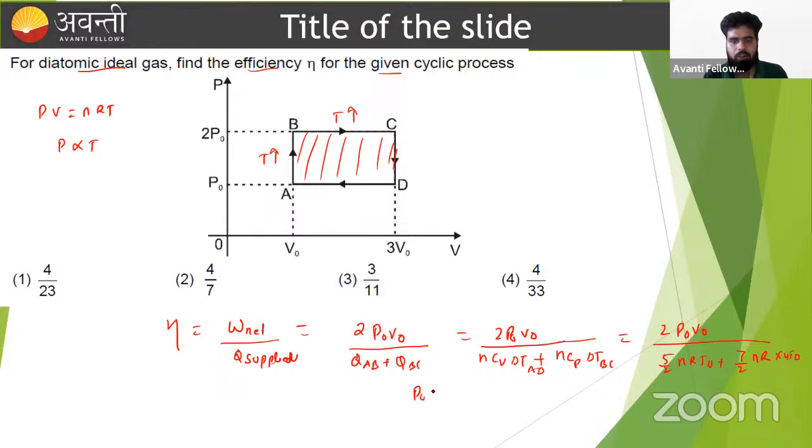Again, we know that P naught V naught equals nR T naught. Put this value here, and we will get the required answer: 2 P naught V naught divided by 30 by 2 after taking LCM here, and this will become P naught V naught. If we solve this, this will become 4 upon 33. This is the required answer.